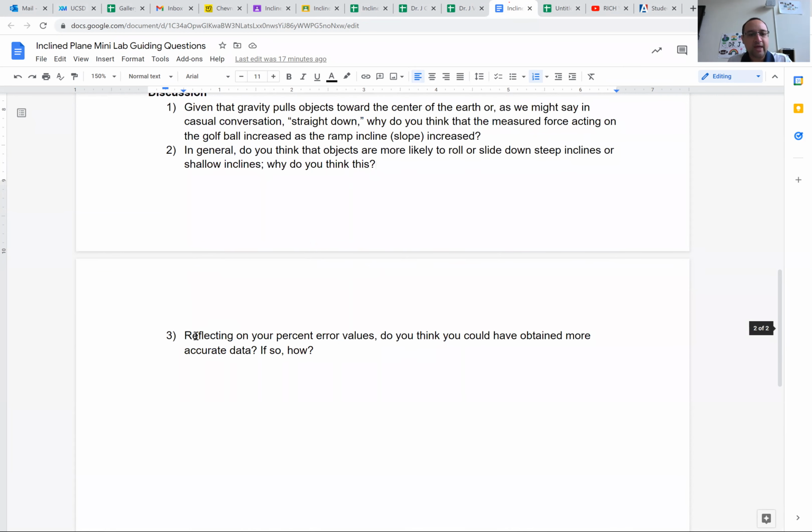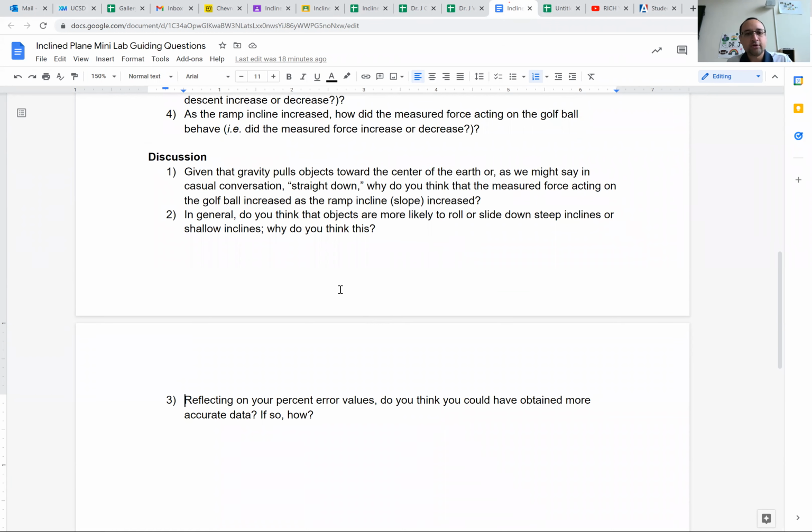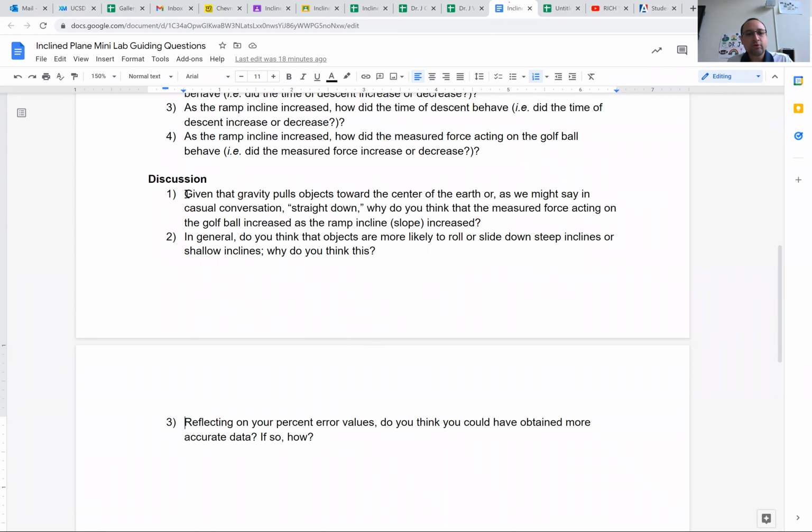All right. And then reflecting on your percent error values, do you think you could have obtained more accurate data? If so, how so? Okay. And then one last thing that I'll show you is, okay, you can really easily turn these guiding questions into sentences so that you can quickly do your lab report, right?